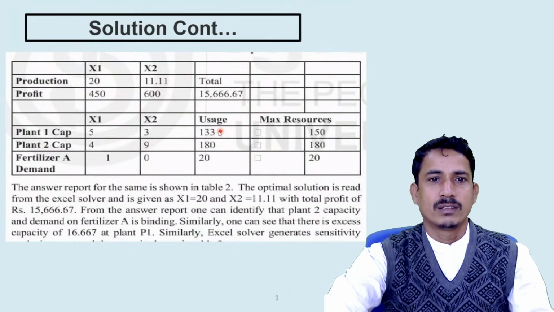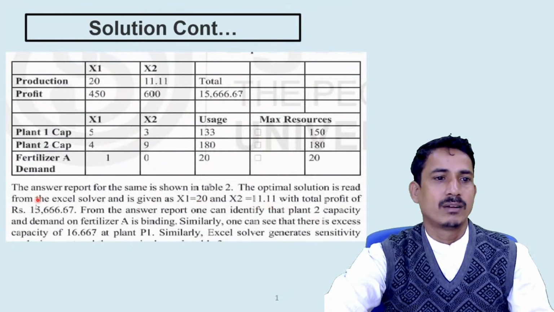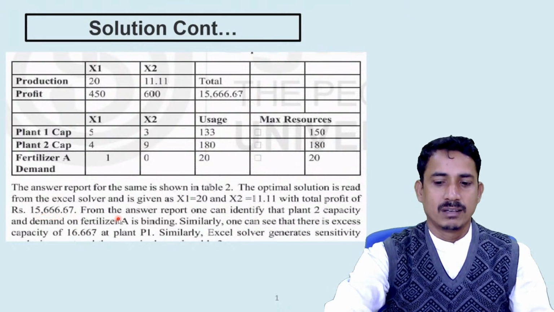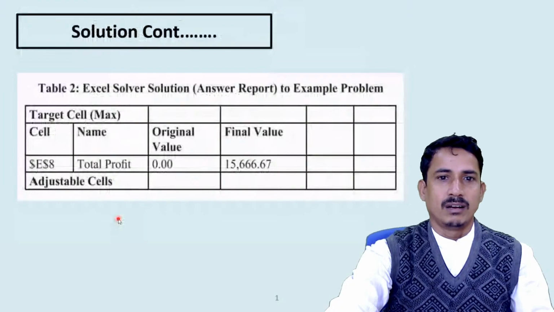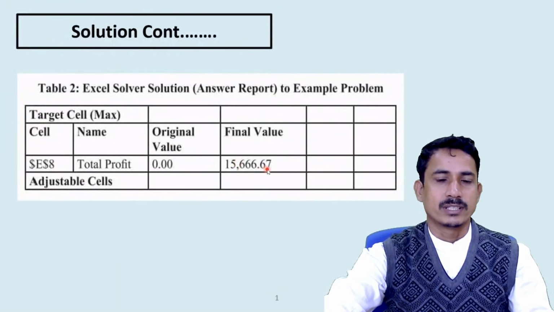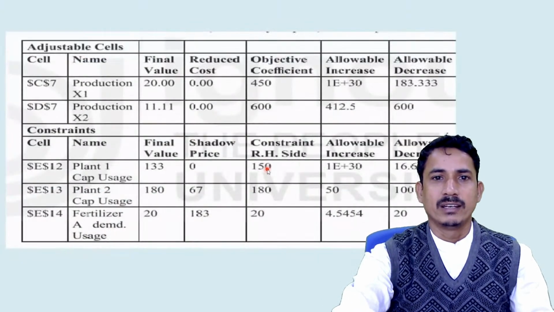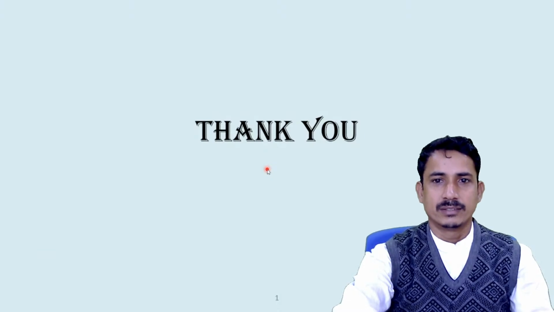These usage units will also come, and this is given. So finally, you will get x1 as 20, x2 as 11.11, where the total profit will be 15,666.67. But let me show it in detail through the Excel sheet.